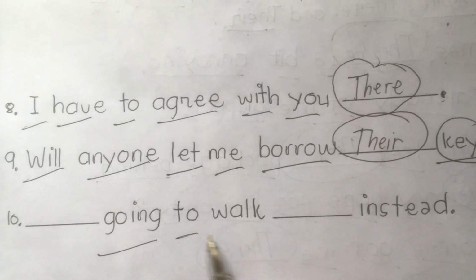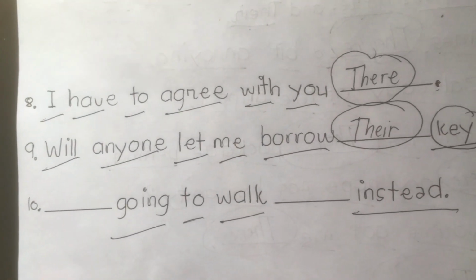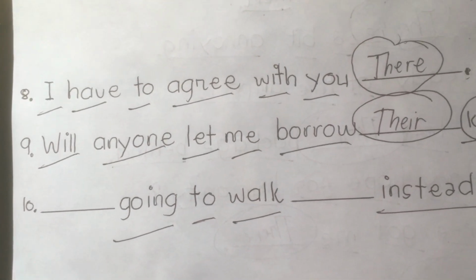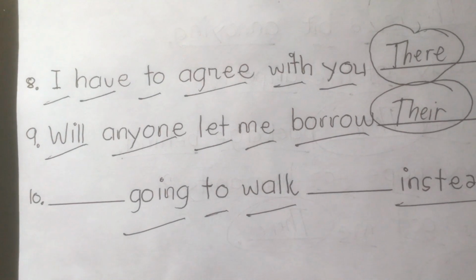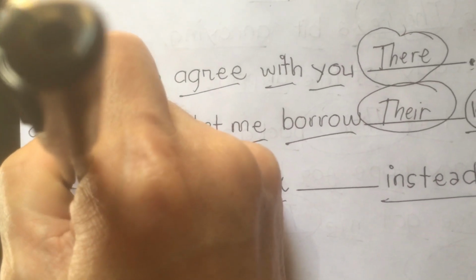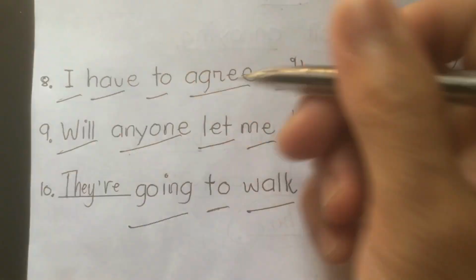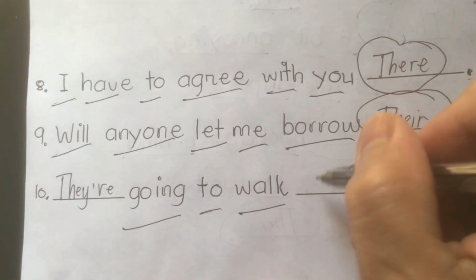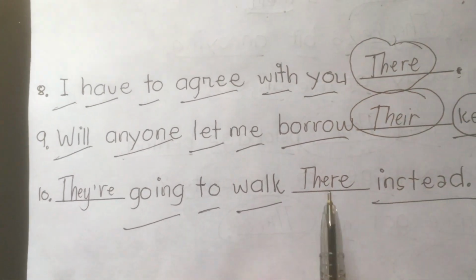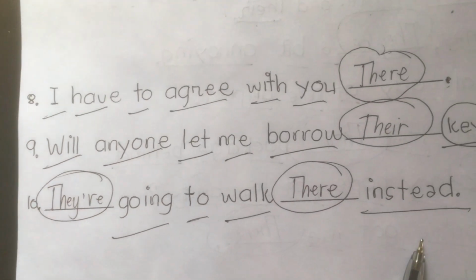Blank going to walk blank instead. We are going to fill in the two words with the correct usage: first the contraction form of they are, and then the adverb of place. They're going to walk there instead.